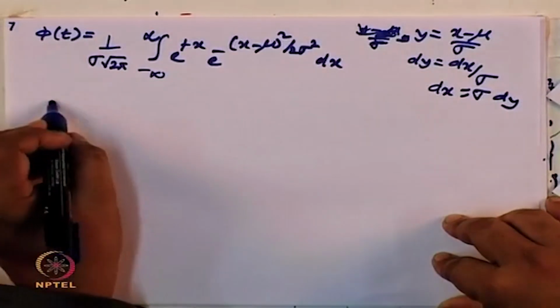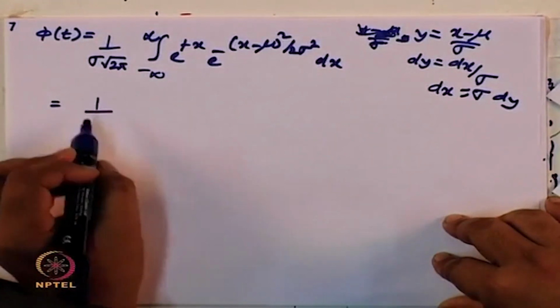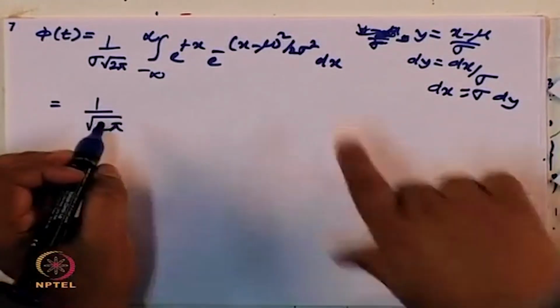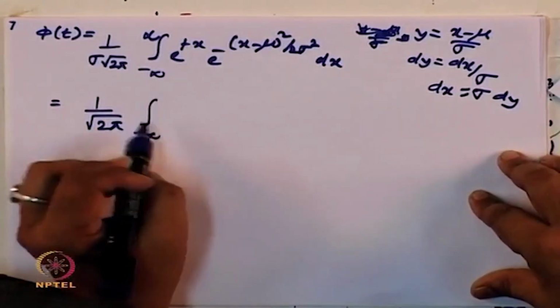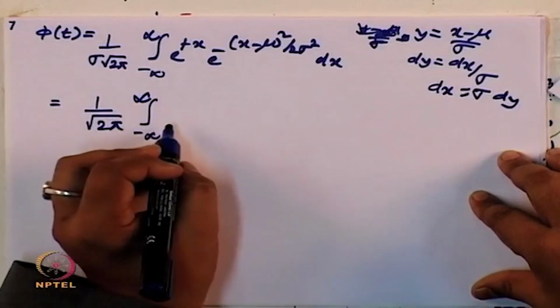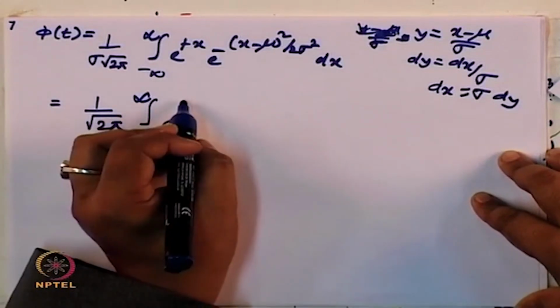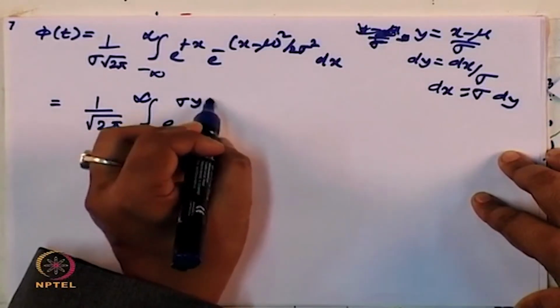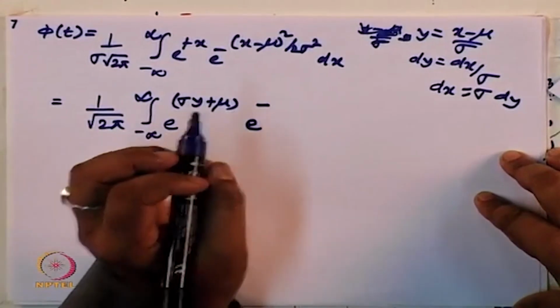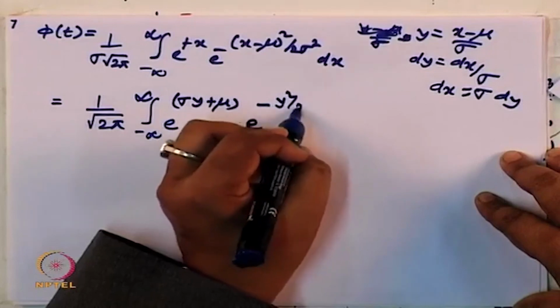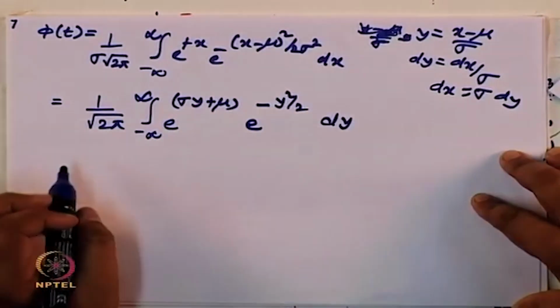The limits will not change. So, this sigma cancels, the limits remain unchanged, and I get e to the power t times sigma y plus mu, e to the power minus y square by 2 into dy.